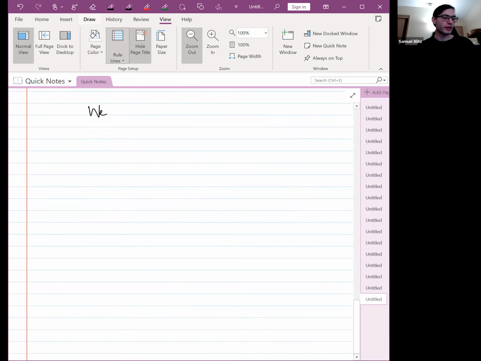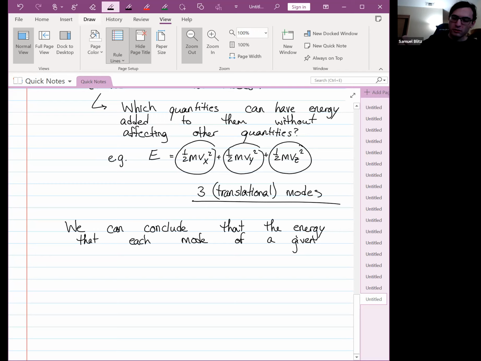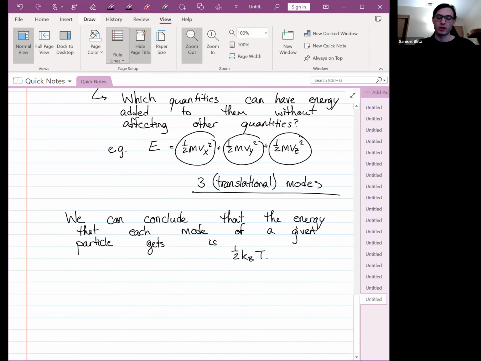So that leads us to conclude that the average energy that each mode of a given particle gets is 1/2 times kb times t.